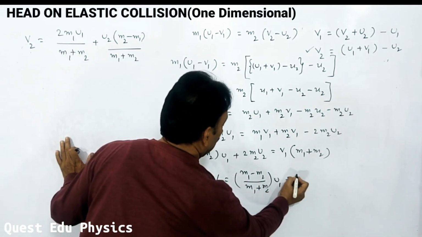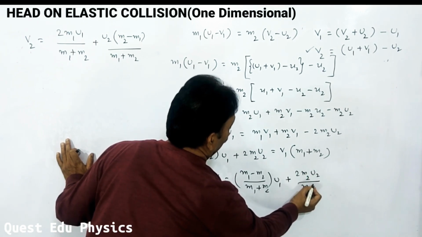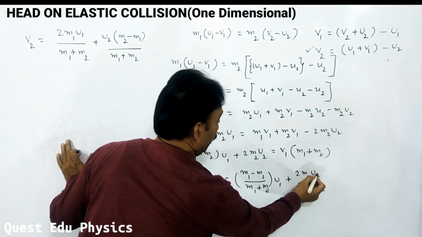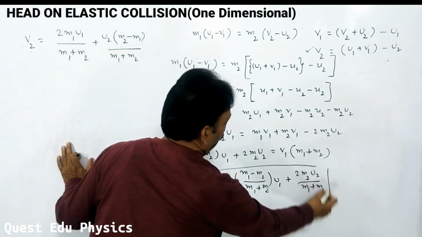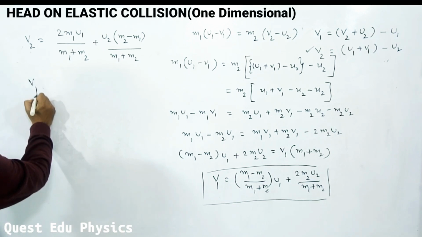Then v1 can be had as m1 minus m2 by m1 plus m2 of u1 plus 2m2 u2 by m1 plus m2. Students, it is the value of v1.